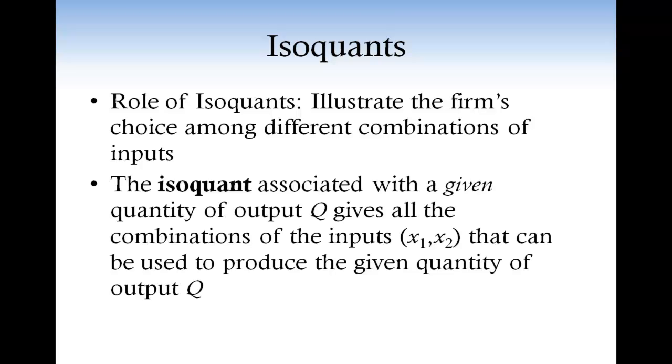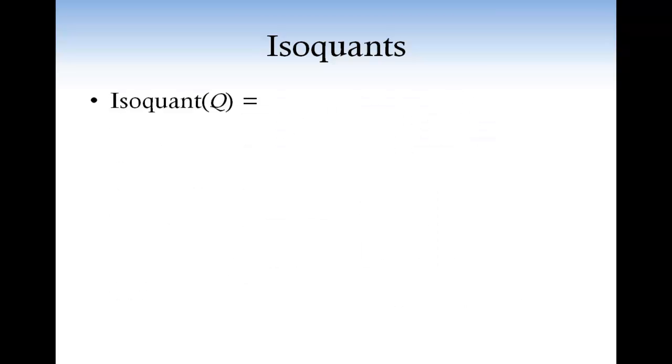The isoquant associated with the given quantity of output Q gives all the combinations of the inputs that can be used to produce the given quantity of output Q. More precisely, the isoquant associated with the quantity of output Q is equal to the set composed of all the combinations of inputs x1, x2, such that the production function f calculated at x1, x2 is equal to Q.